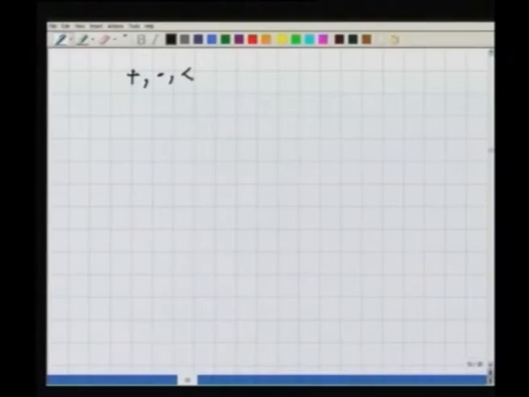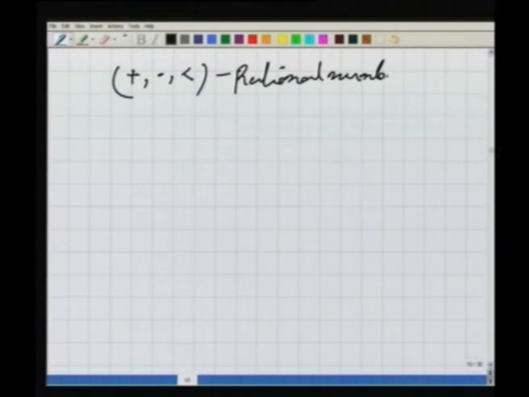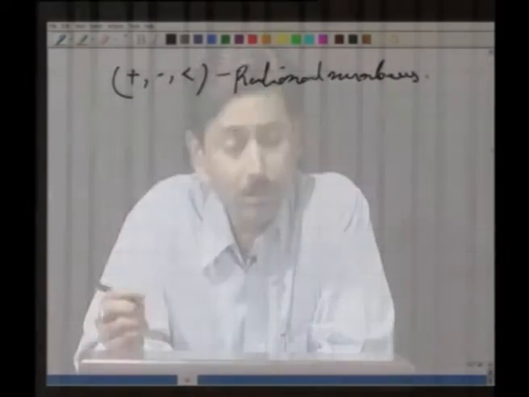That means I have an order relation among the set of rational numbers. Well, it is possible to construct a set of real numbers throwing in irrational numbers with the set of rational numbers, such that all these operations actually can be extended to the whole set of real numbers.